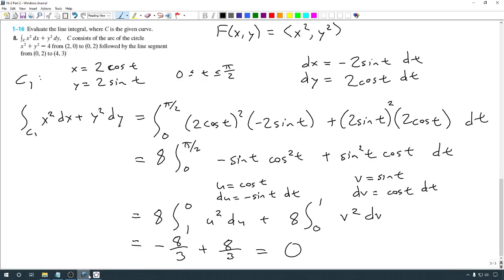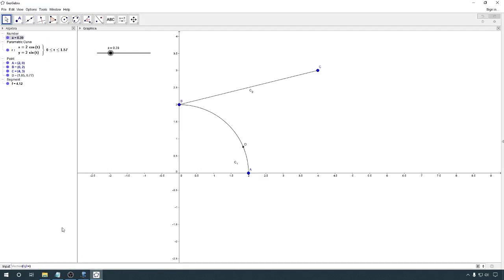Remember, our tangent vector is actually given by our derivative. So we had this parameterization for our curve. Our derivative is negative 2 sine t, 2 cosine t. Well, when we want to do the unit, we end up getting rid of the 2. So our unit tangent vector here will be D plus negative sine of A, comma, cosine of A.